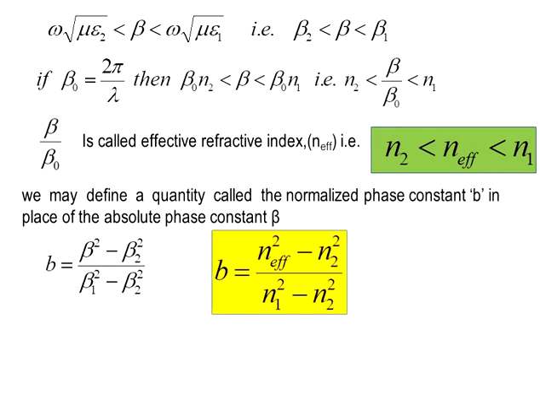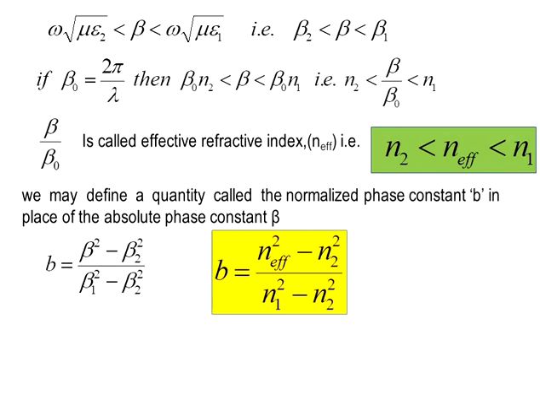So now you can define the limit for this B. If I consider n effective is equal to n2, that is the effective refractive index is near to n2 or is equal to n2, then we get B equal to 0. So the lower limit for B will be 0. If I consider effective refractive index is equal to n1, then I will get B equal to 1.